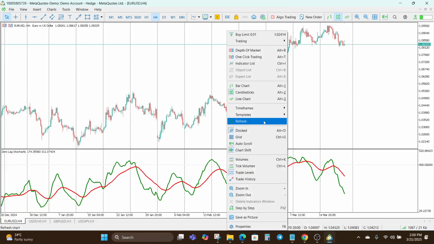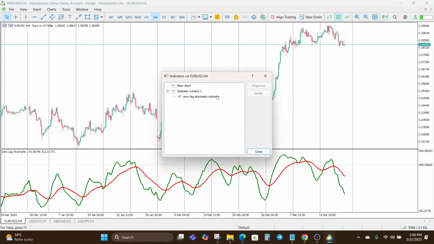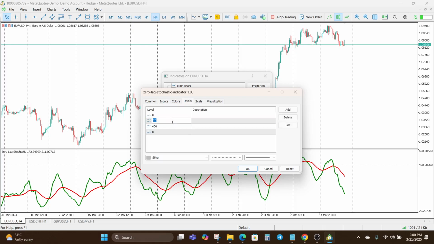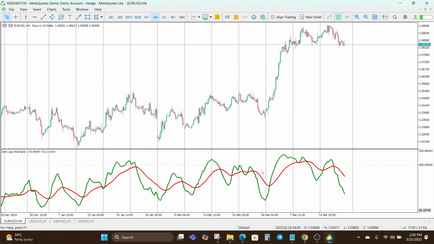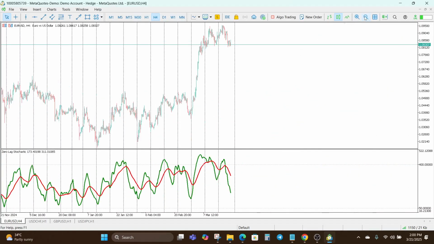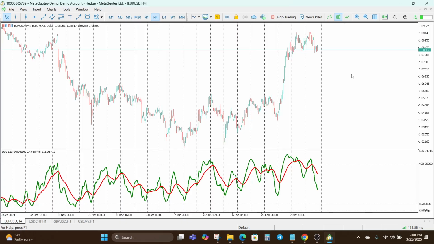We can make this 50. Considering the wide expanse, you can see that 50 is still kind of, it looks like before you get to 50, it's properly extremely oversold.